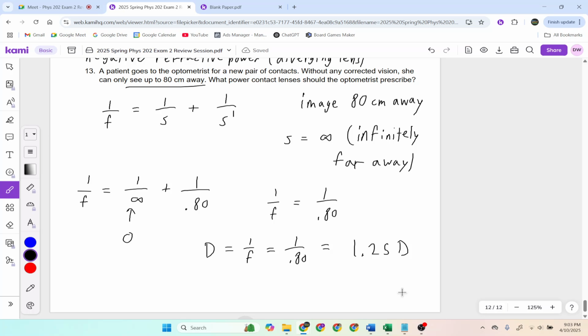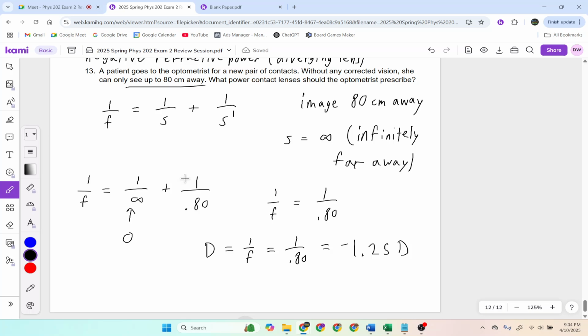Can anyone tell me why? Should it be negative? Why? Because she's nearsighted. Yes, nearsighted should always be negative. But that's not a good answer, you know what I mean? There should be a mathematical reason why. And there is.